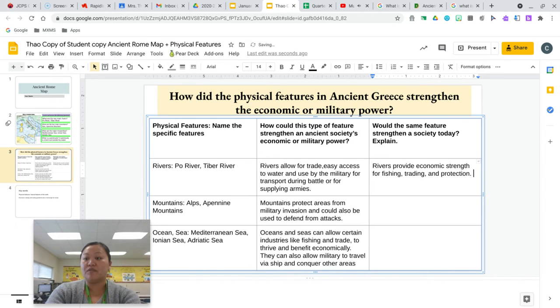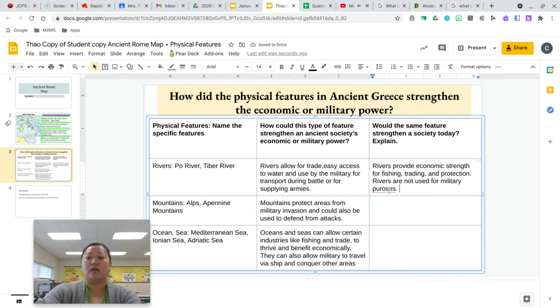So we don't really use it for military transport. We could just say rivers are not used for military purposes. And that should summarize that.